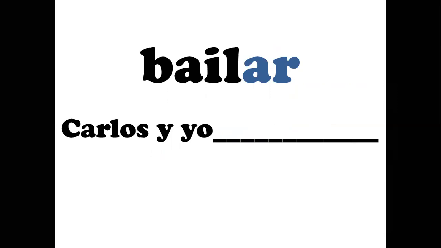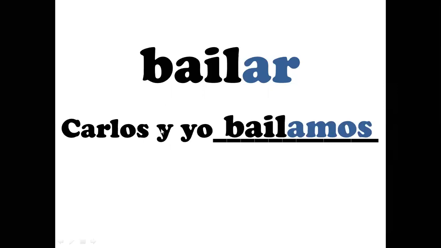So pause it if you need time to think over this. This subject's just slightly more difficult because it doesn't match exactly anything in the chart. So Carlos y yo would be the same as what? Nosotros. So the ending, bailamos.